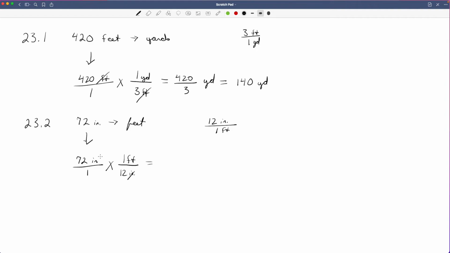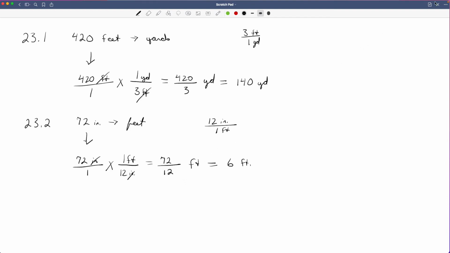I can cancel inches, and now I can multiply. 72 times 1 is 72, divided by 12, because 1 times 12 is 12, and that's going to be in the unit measure of feet. 72 divided by 12 is 6, so that is 6 feet. All right, it's pretty straightforward. It's not super difficult. Once you figure out the pattern, then you can convert any unit of measure.